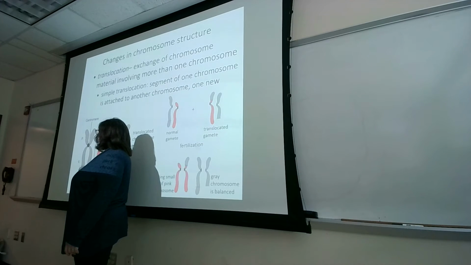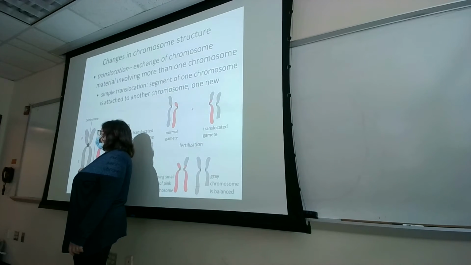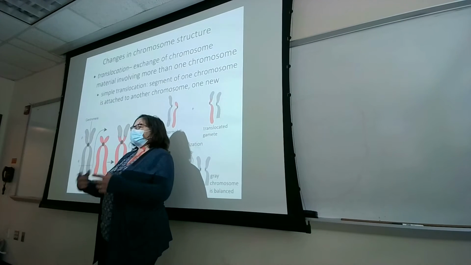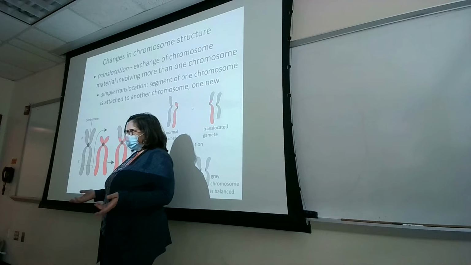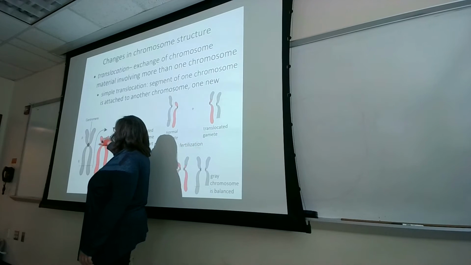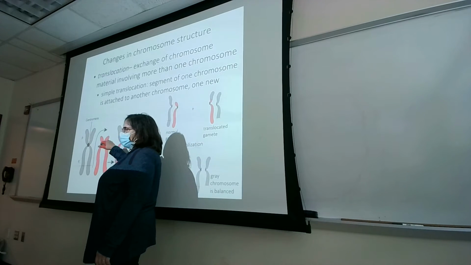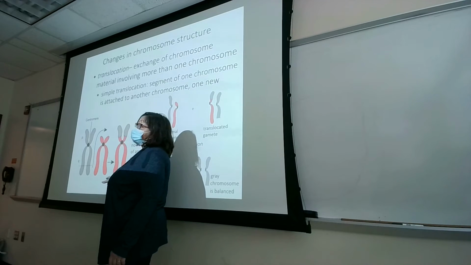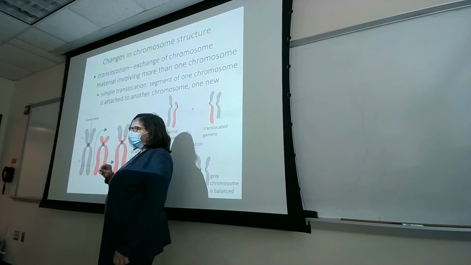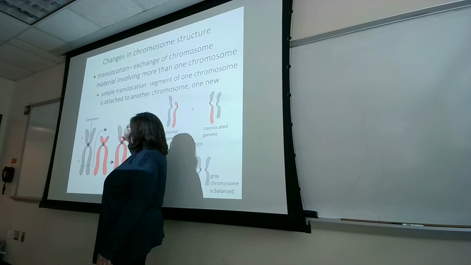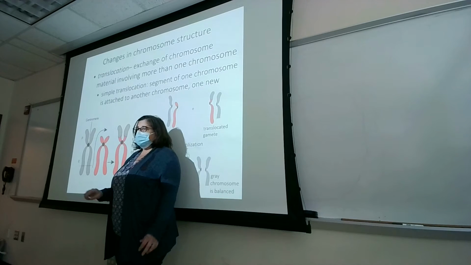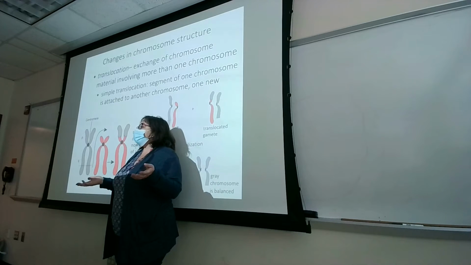But when the cell tries to fix that, instead of attaching it back to its own chromosome, it just finds a chromosome end that it can stick it on, and it sticks it on the end of this chromosome. So what you wind up with is a new chromosome called a translocated chromosome that has bits of that chromosome attached to itself. And so you get this kind of brand new combination.